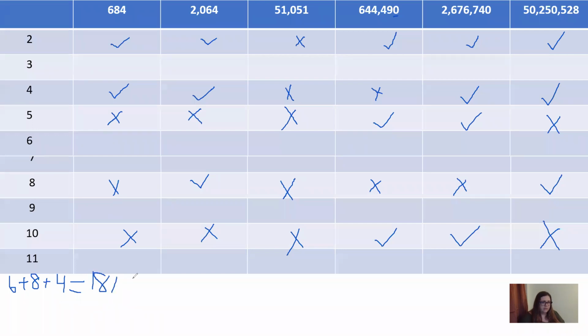And 18 divided by 3 equals 6. Again, guys, sorry about the handwriting. So yeah, it's an even number. There's no decimal or remainders.